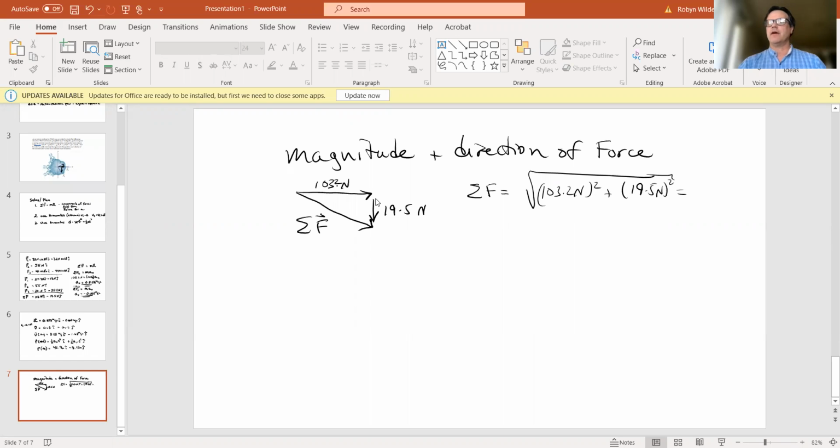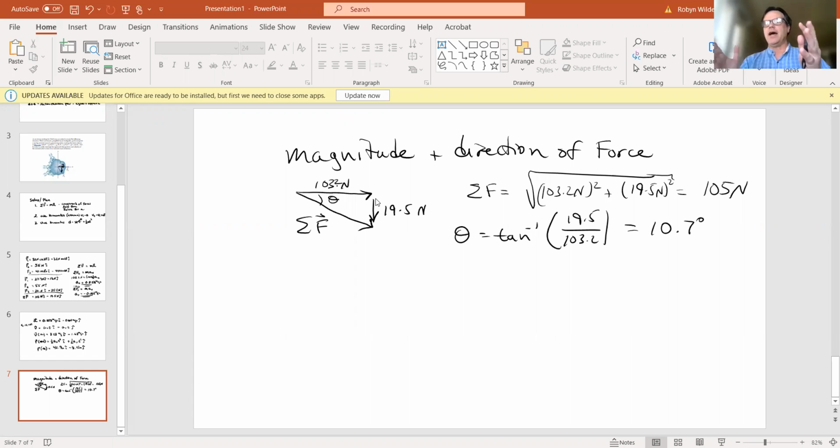That comes out to be 105 newtons. Now this force is the combination of those two components. It's pushing down at an angle that we can now compute using the inverse tangent of the opposite side, 19.5 over 103.2, which turns out to be 10.7 degrees. So we know the size of the force, the magnitude, and the direction.